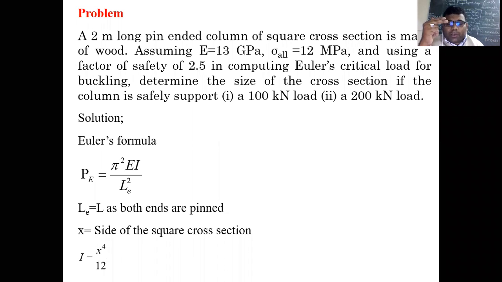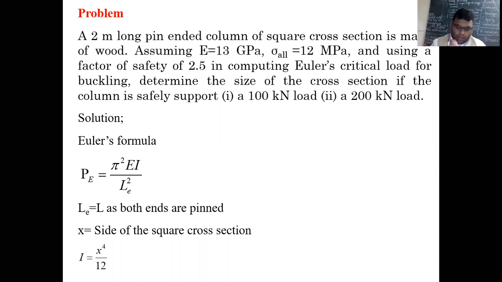The column has a square cross section, and we have to calculate its size when a 100 kilonewton load is applied, and second, when a 200 kilonewton load is applied. In both cases, what will be the cross section of the column?